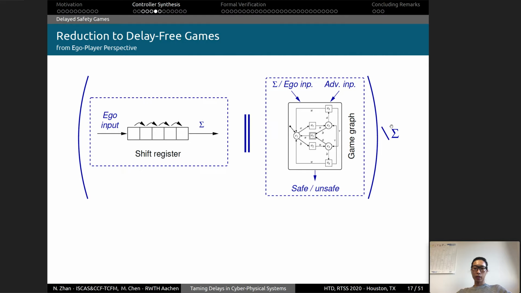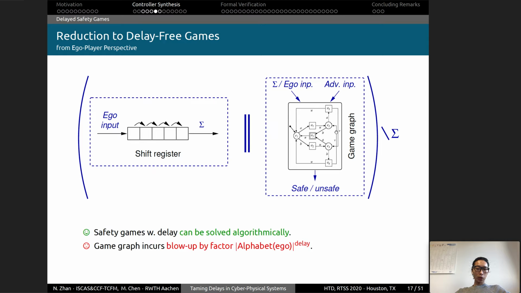Good. And how does the reduction look? It looks as follows. We simply take the product of a shifted register with the game graph, just like what we do in automata product. Well, this product gives us a nice thing, which is that safety games under delays can always be solved algorithmically. Why?